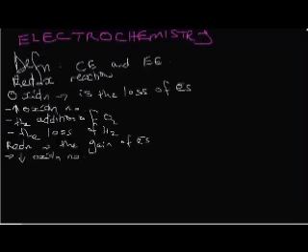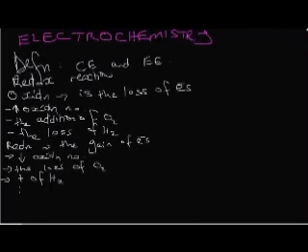It can also be defined as the loss of oxygen. It can also be defined as the addition of hydrogen. So these are the four definitions of each of oxidation and reduction.